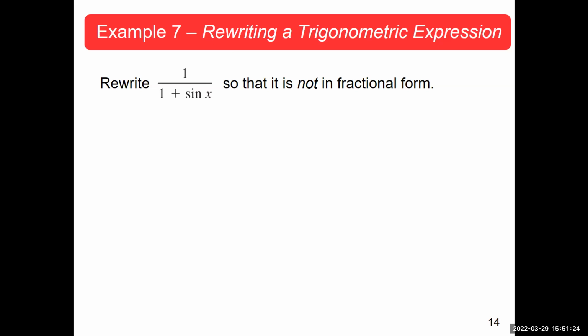Now it says rewrite so that there is no fraction. So the answer has to be on one line. Now it is a fraction. How do I get rid of the fraction? What do I do? I don't know if we solved some problem like this before.